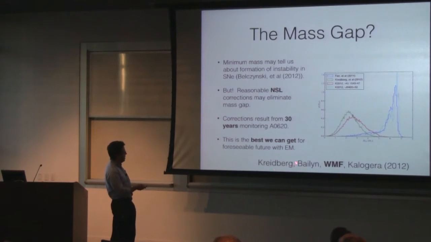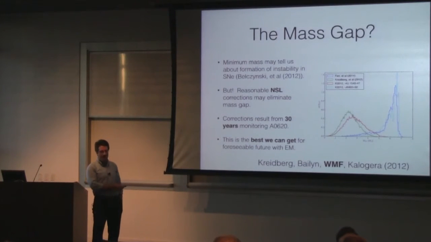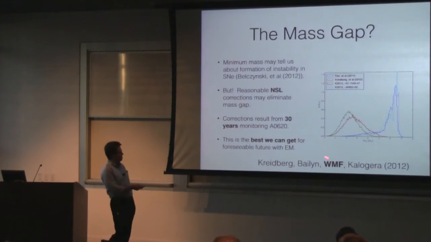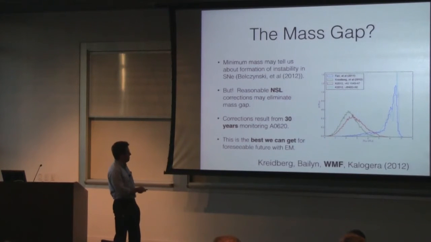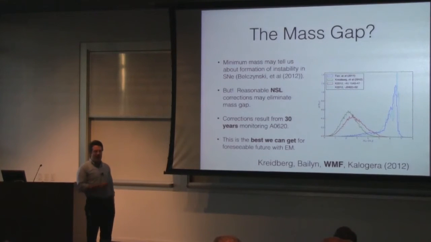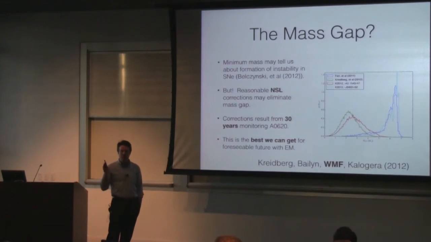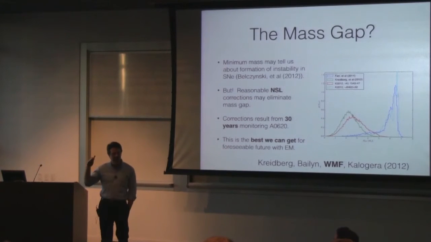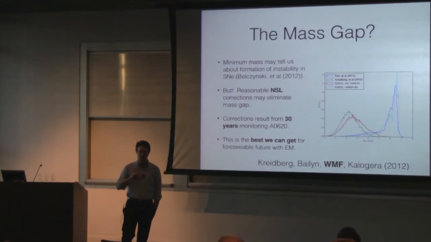Laura Kreidberg was an undergrad then at Yale. She's now a grad student at Chicago, and on the rise. She's really great. Charles Bailyn and Vicky, who was my postdoc mentor at the time. We used 30 years of monitoring of A0620 to estimate a way to predict the non-stellar light fraction as a function of how flickery the optical observations are.